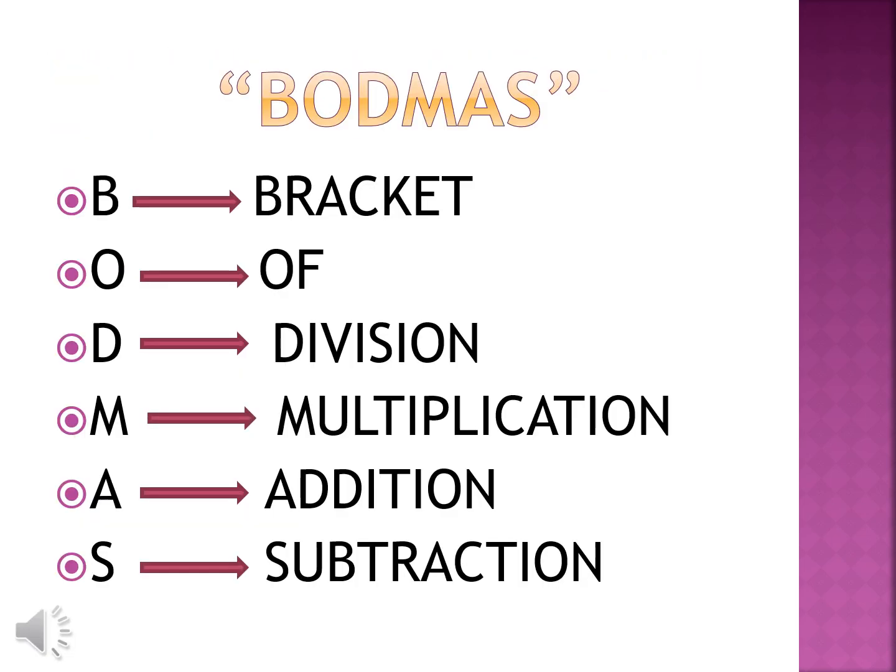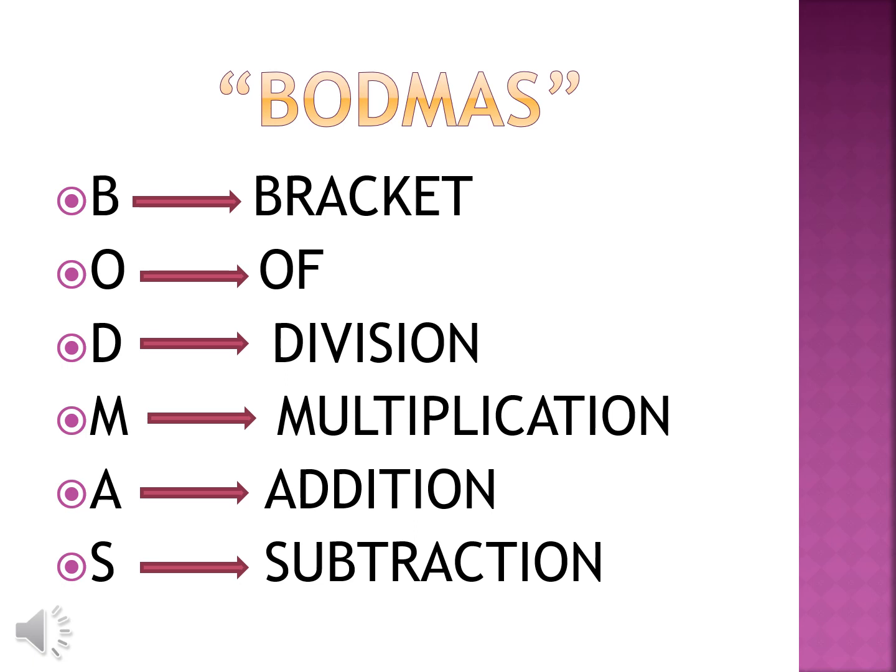And the rule is BODMAS. B means bracket, O stands for of, D stands for division, M stands for multiplication, A stands for addition, and S stands for subtraction. The name of the rule is BODMAS.